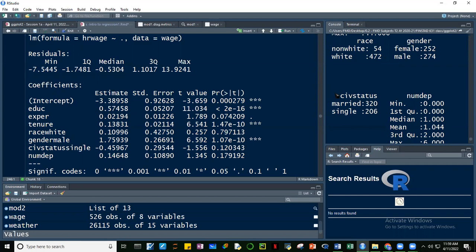Si white race, guys, siya yung 1. Si R, ang ginagawa niya alphabetical. Okay, so alphabetical natin, guys, non-white at saka white. Yung mauuna, that will be the 0, and the white will be 1. Kaya yun nilagay niyo dito: race, white. Yung white na race siya yung 1.